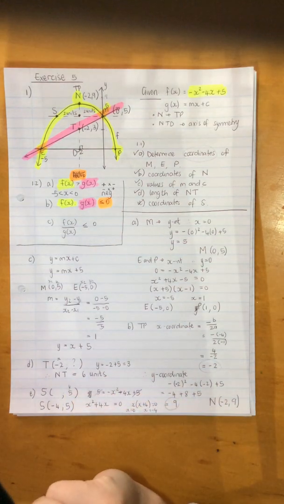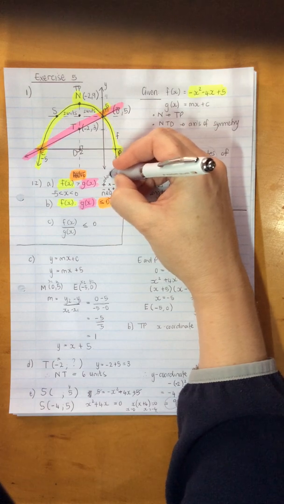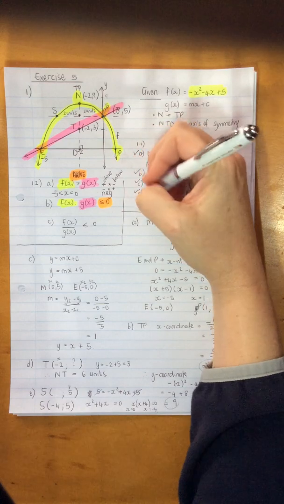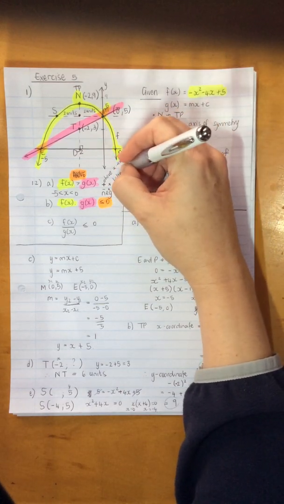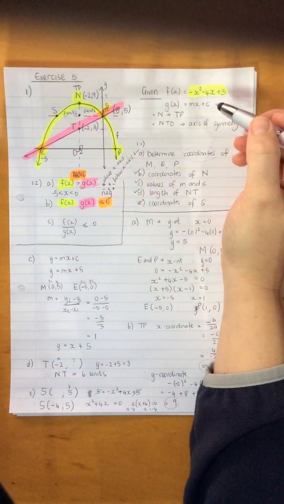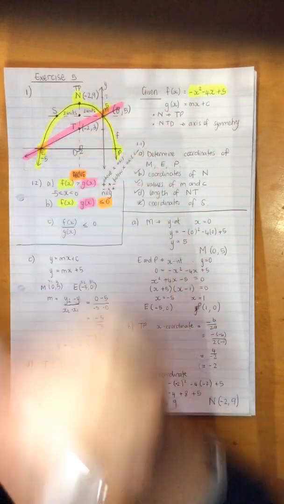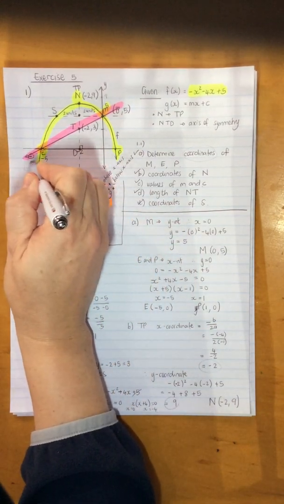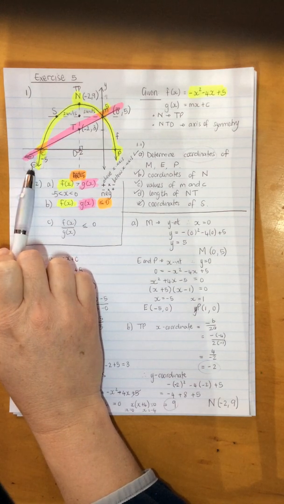Now, in terms of graphs, plus means above, minus means below. Now, above what and below what? Above the x-axis and below the x-axis. So I need to find out where I have a plus and a minus. So if I look at this little piece, both of them are negative. And a negative makes a positive.